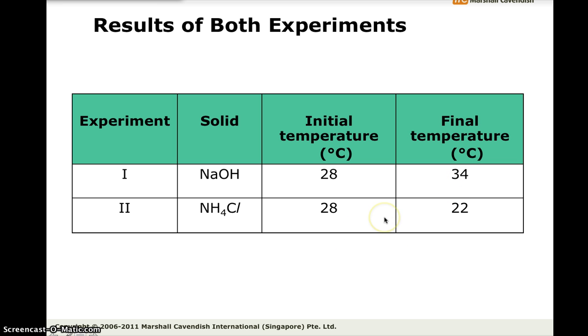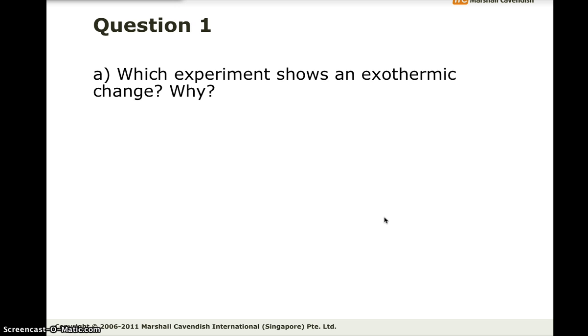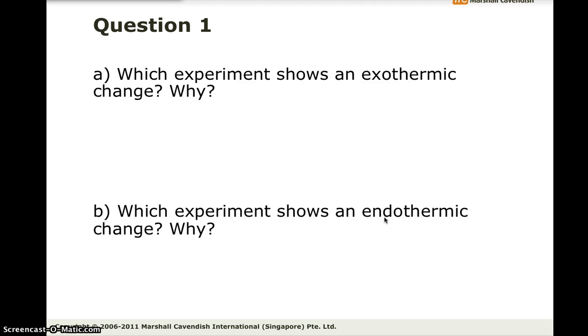Experiment 2, the surrounding temperature dropped. Question 1, part A: which experiment shows an exothermic change and why? Part B: which experiment shows an endothermic change and why?